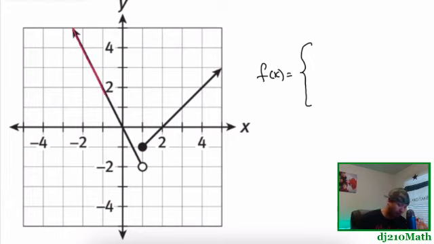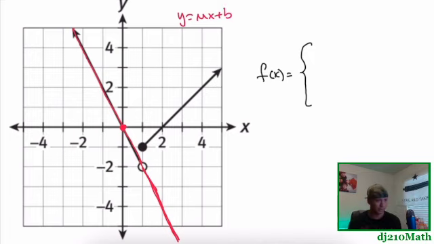Let's just identify this line. The y-intercept is 0, because we're using y equals mx plus b. The b value is going to be 0 because it crosses at 0.